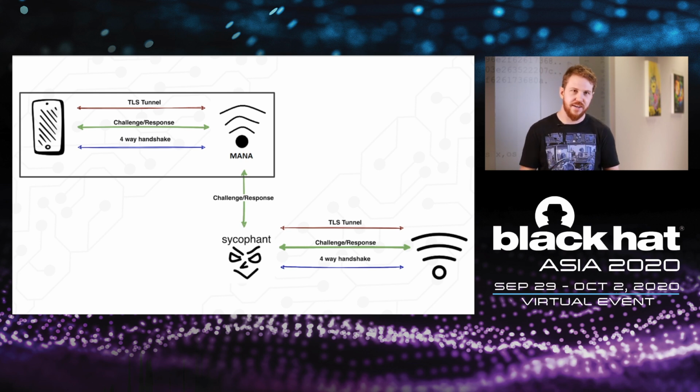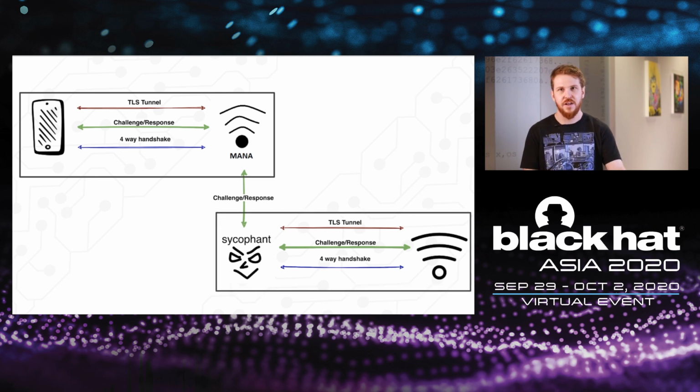But rather than handling the challenge response, we pass it down to the second portion, which is the sycophant, a modified version of wpa_supplicant. That handles its own separate TLS tunnel and four-way handshake. So these two things work together to ferry across that challenge response. And then at the end, hopefully we get a success from the server and we can connect.